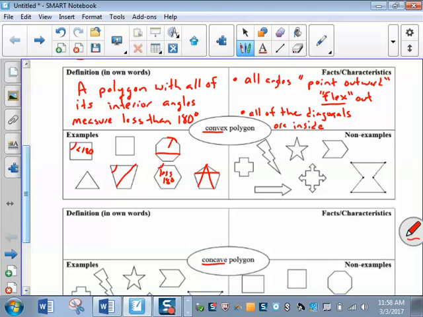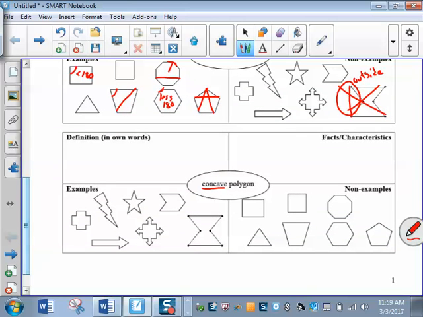That's a property of a convex polygon. Whereas, you see if I draw this diagonal from one corner to the next, that one's on the outside, right? It's outside of the shape, and therefore it is not convex.